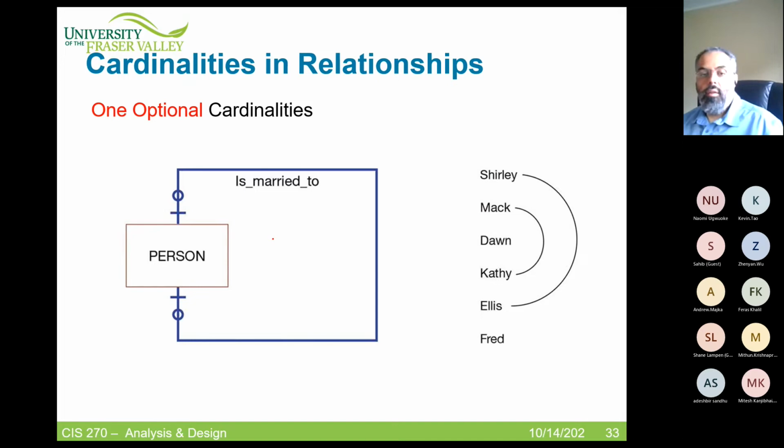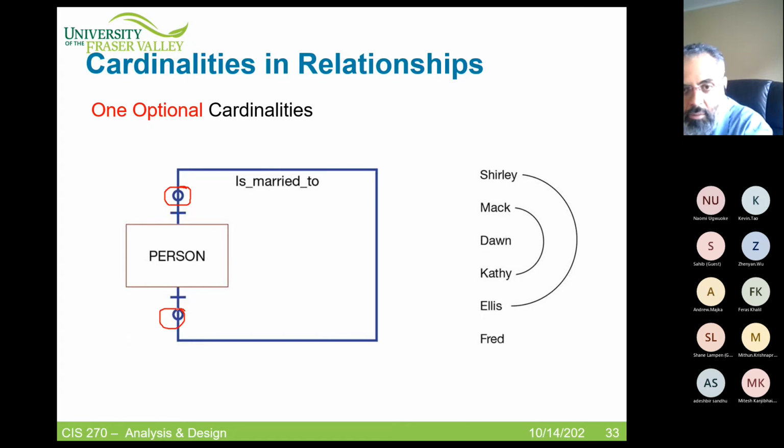Here, we said this is optional. So two persons can be married or cannot be married. So I said here, if this happens, it should be at most one.